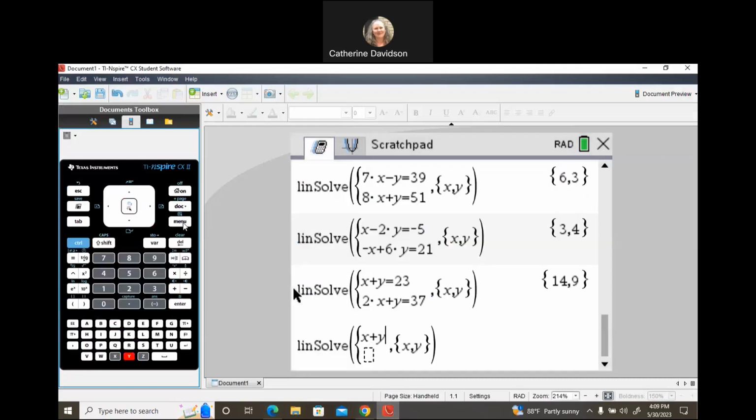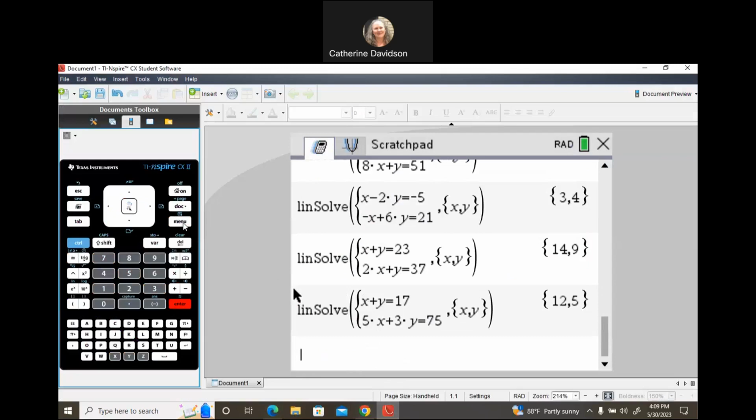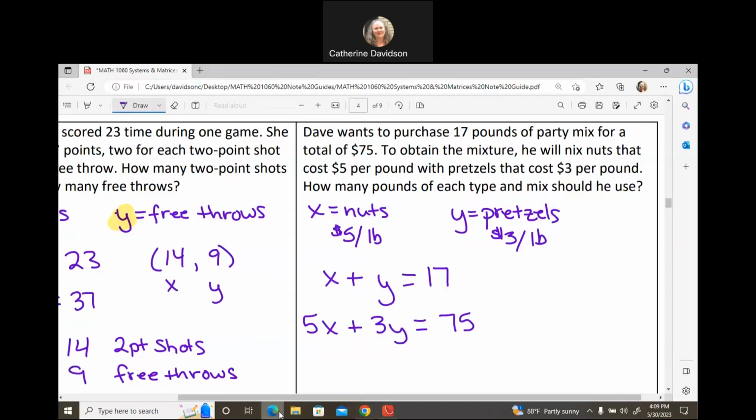So these have an X plus Y component that I found. So our solution is 12, 5. 12 is X, 5 is Y. So we have 12 pounds of X, which are nuts.